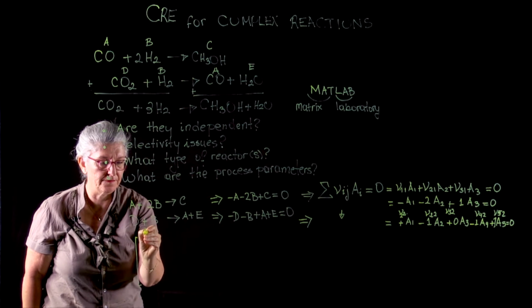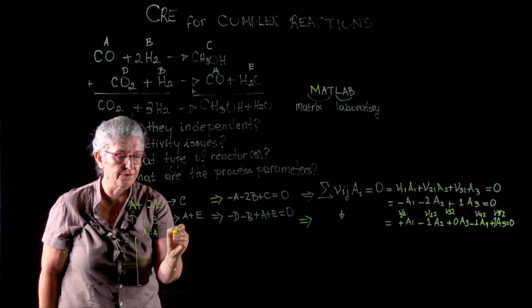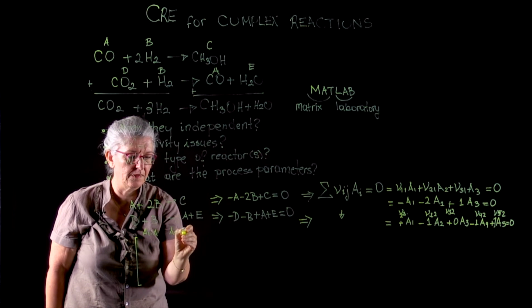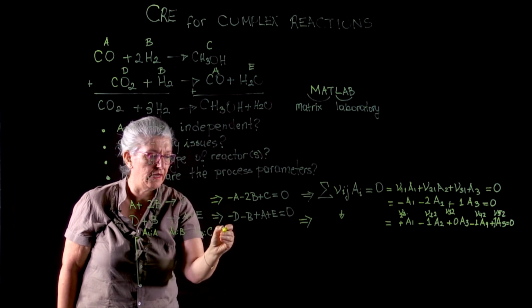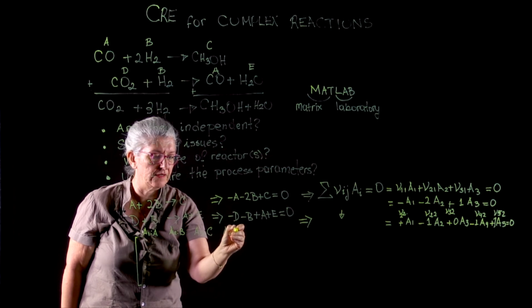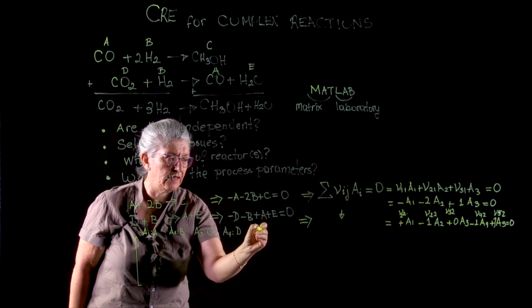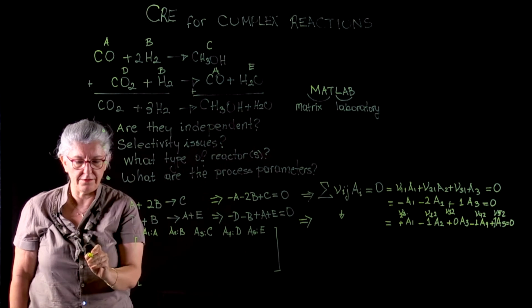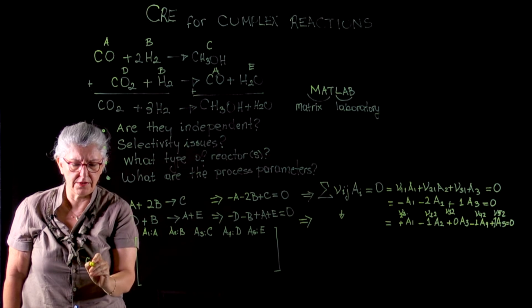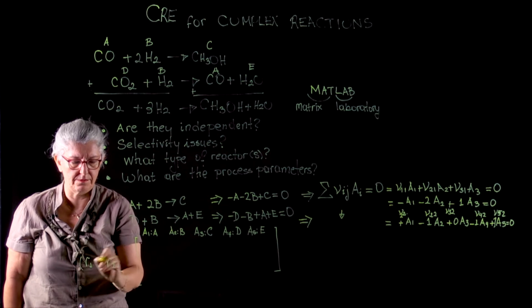A1, which is A, A2, which is B, A3, which is C, A4, which is D, A5, which is E. So we have reaction 1 and reaction 2 here.